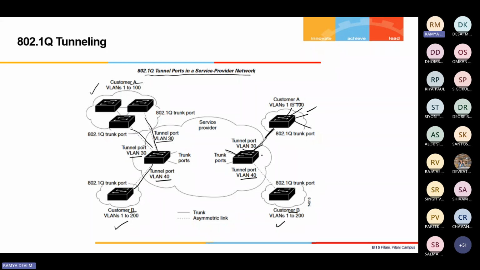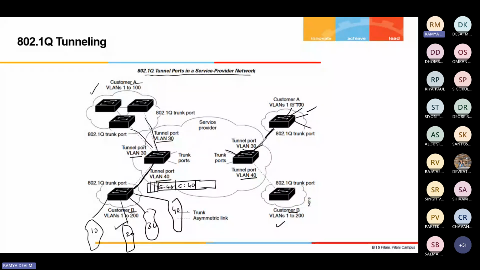For example, take 10, 20, 30, even 40. Whenever a packet comes in here, it will indicate that the service provider VLAN ID is 40 and the customer VLAN ID is 40. The preamble, source, destination address, FCS, everything will be included here, so together 1526 bytes will be there.